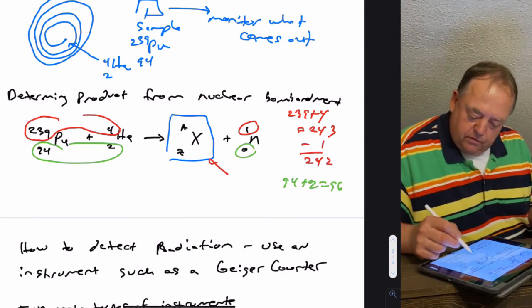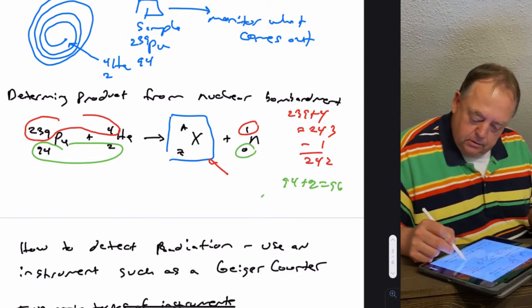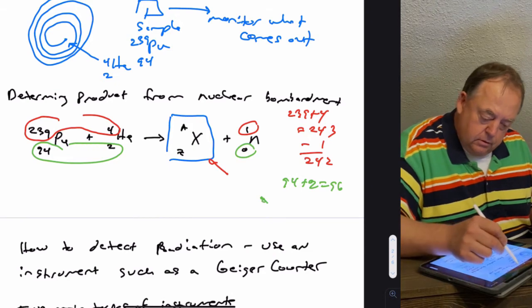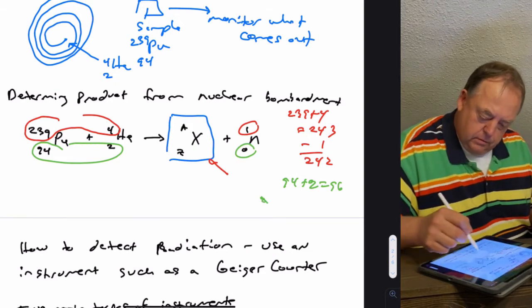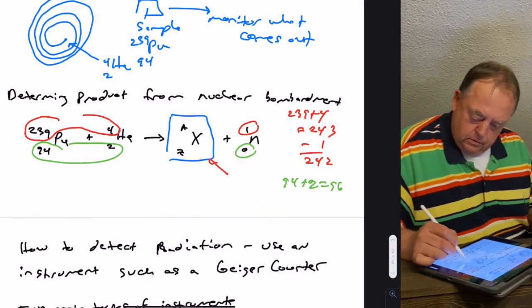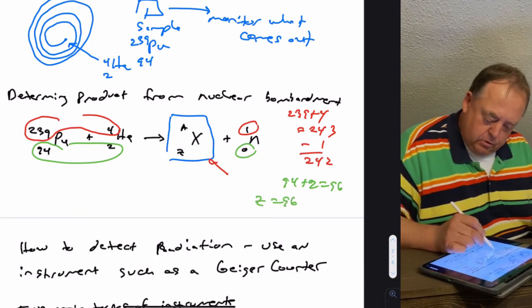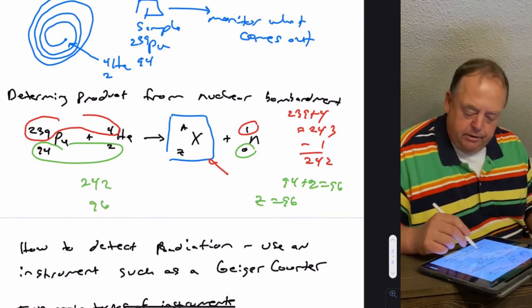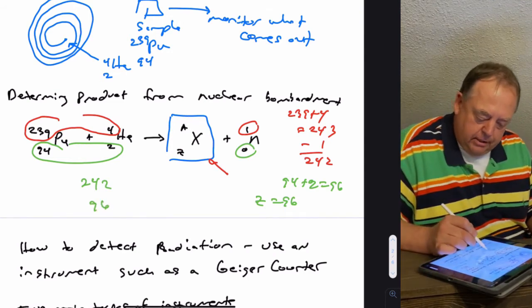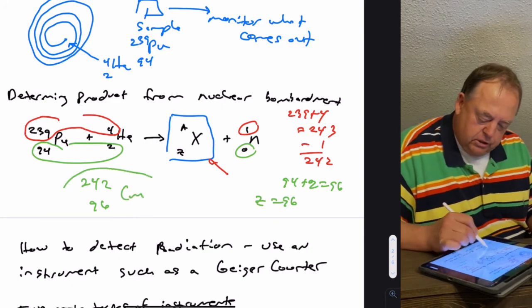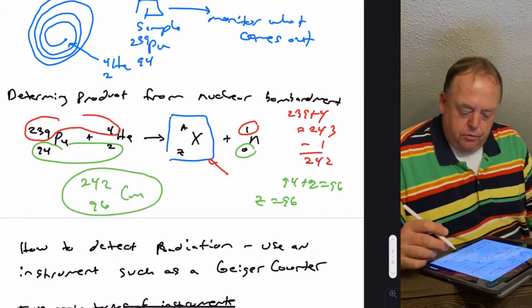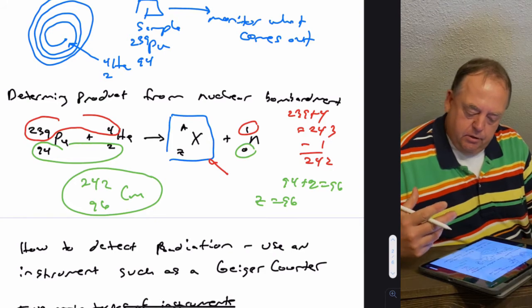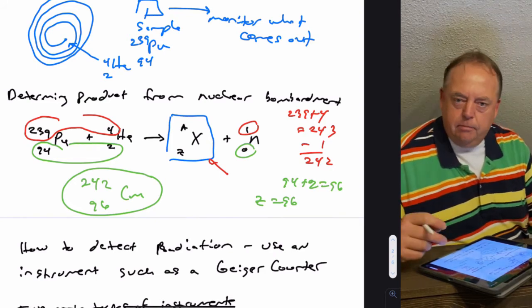So whatever this is, Z equals 96. So 242, 96. So then you look on the periodic table and see what element has atomic number 96, which is Cm. So that would be a new element that would be created in this bombardment reaction.